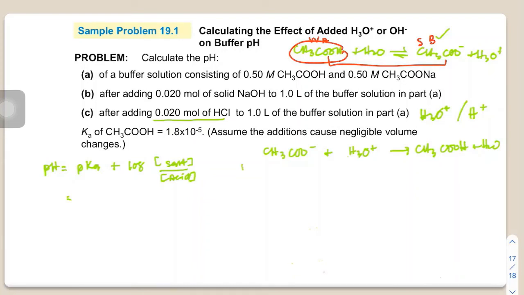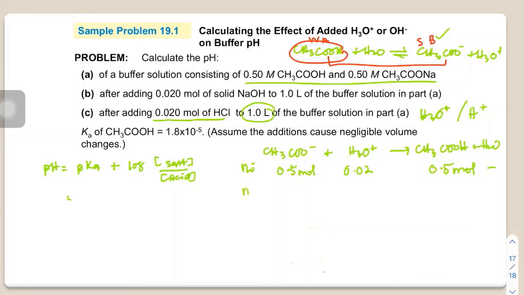So the initial amount of acetate ion is 0.5 mole, which is the same as the concentration because it is in 1 liter solution. H3O plus that is being added is 0.02 mole. The initial amount of the acetic acid from the buffer system is 0.5 mole, and a dash for H2O.